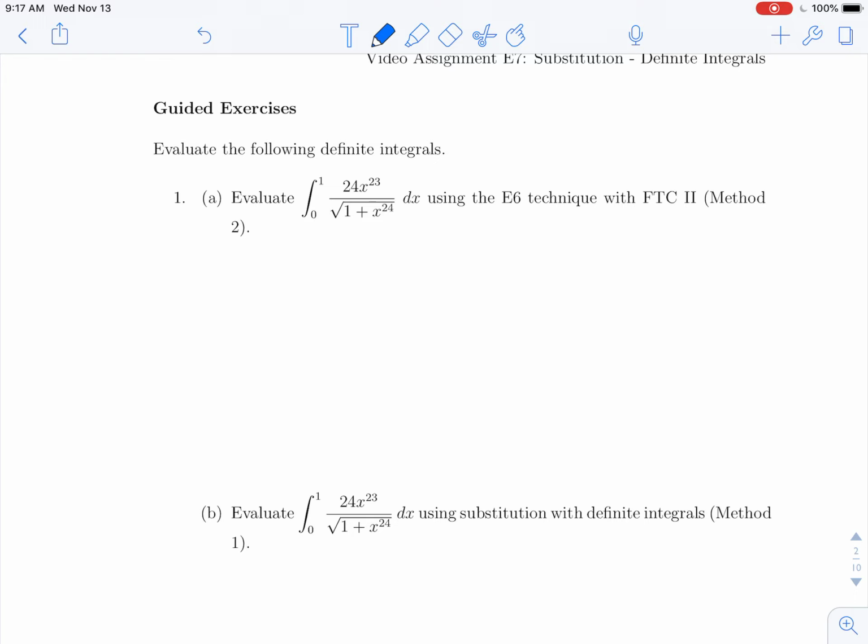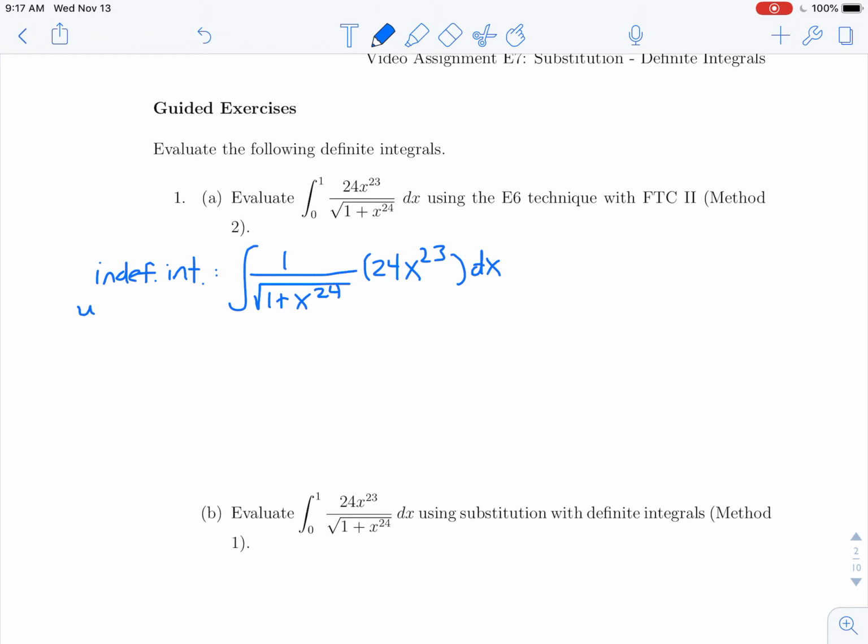So when you use method 2, you should switch over to the indefinite integral. I'm going to go ahead and split this up a little bit: 1 over root 1 plus x to the 24th times 24x to the 23rd dx.